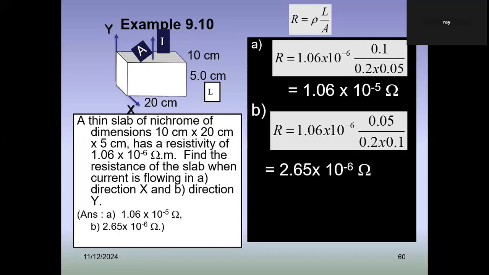Any question you want to ask? Or you want me to show you? Have you completed the chapter? We have finished this chapter already. Next week we'll go to DC circuit, topic 10. I've given you the notes already.